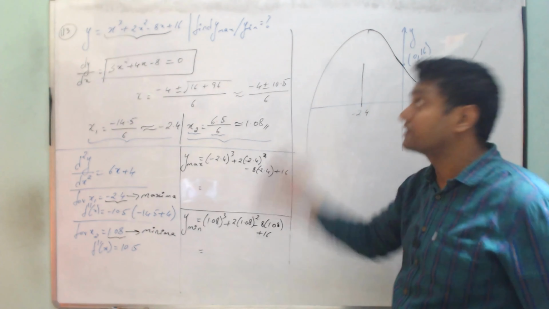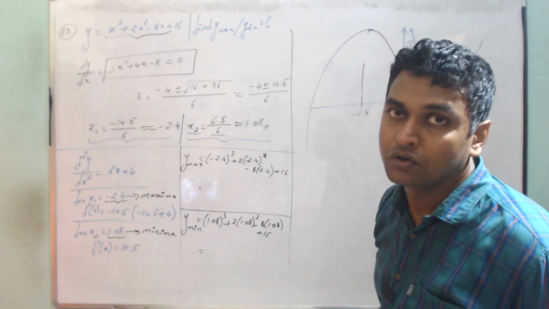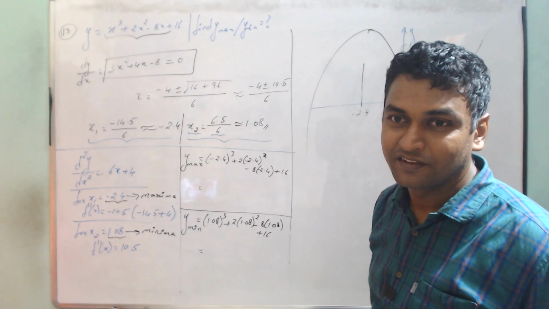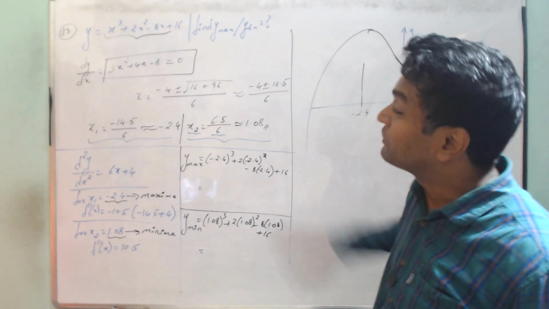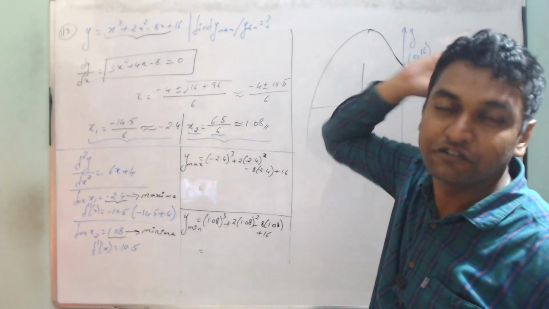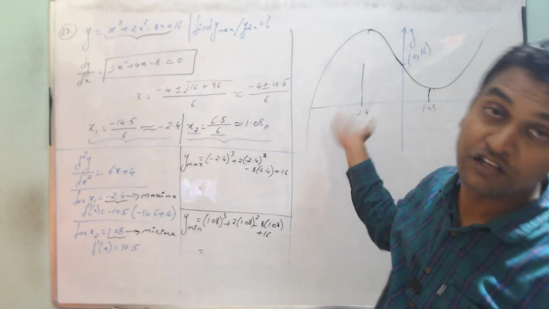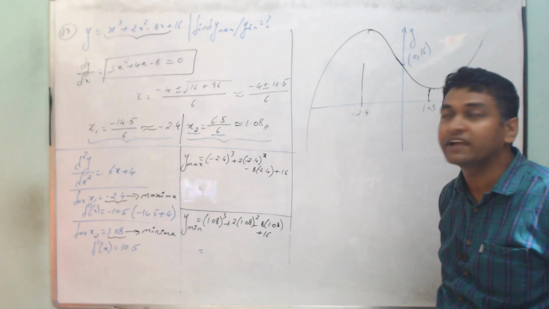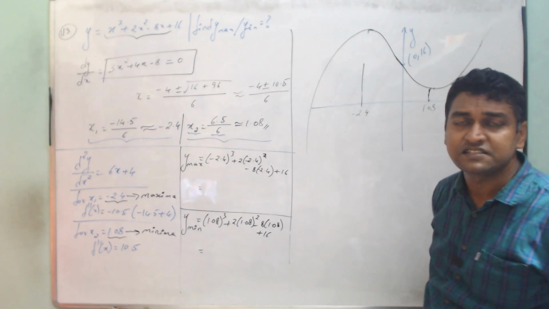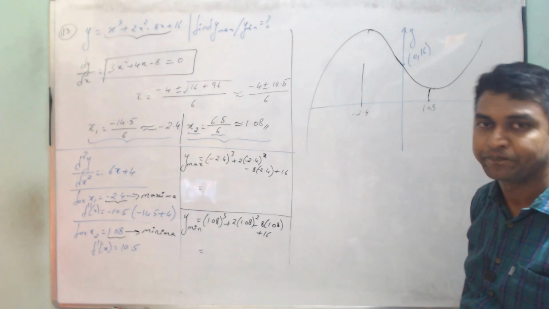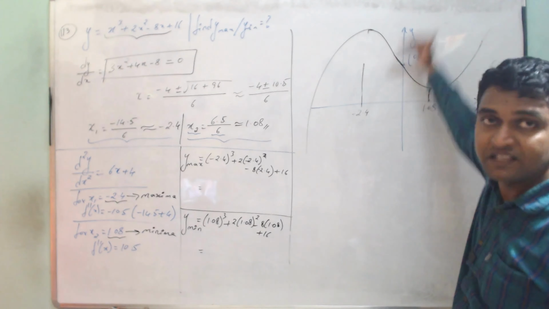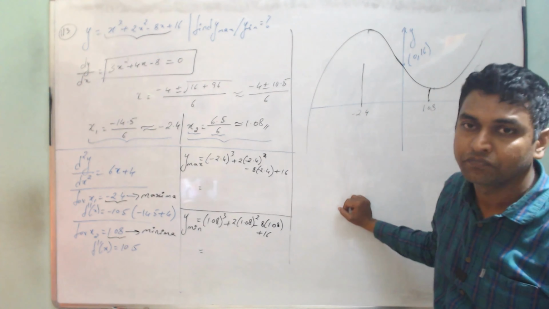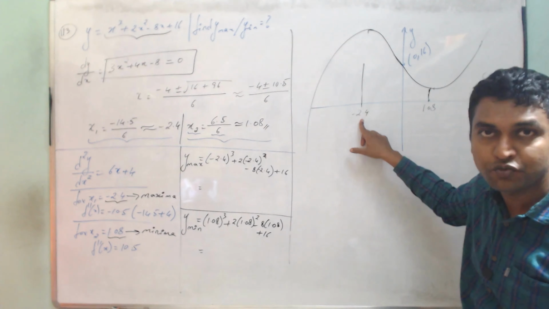Unless that remaining something is always negative, then at x is equal to 0, 16 itself becomes my maxima. So I am concluding that my maxima is greater than 16, and it is occurring at x is equal to minus 2.4.